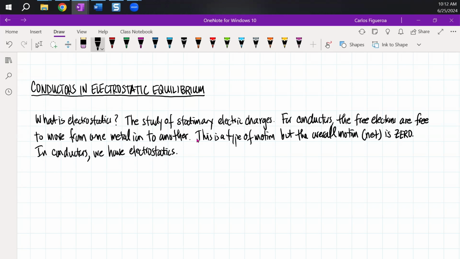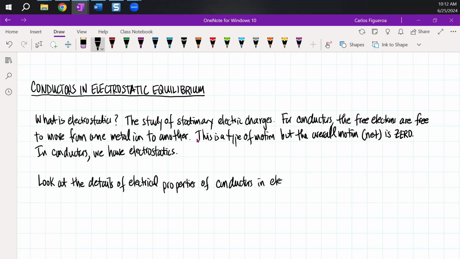So now we want to go into the electrical. We want to look at the details of electrical properties of conductors in electrostatics.